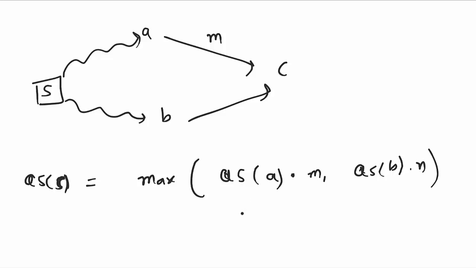I hope this is clear. This is basically just saving those quality scores for future computation, which is computing the quality score of C.